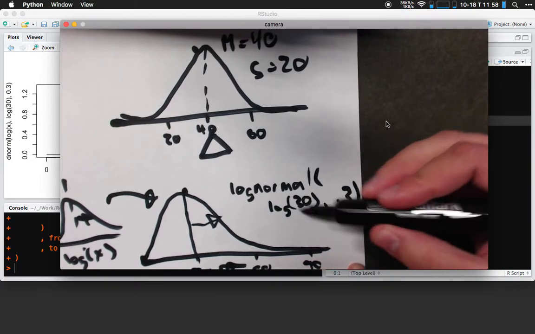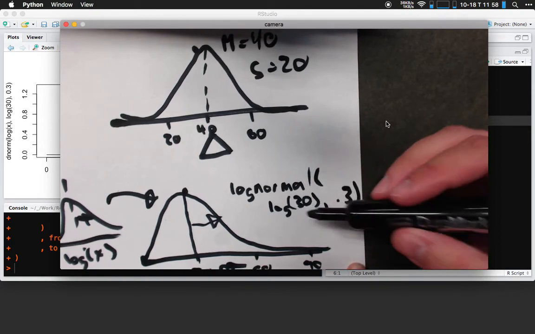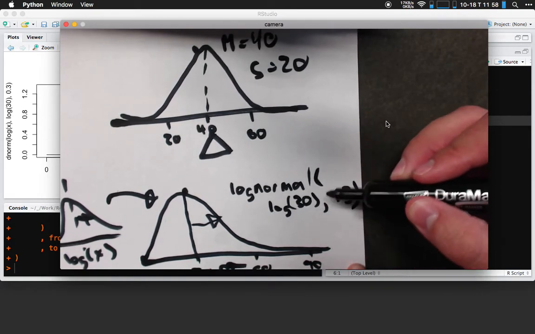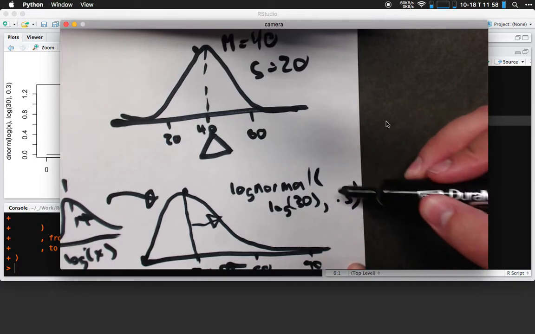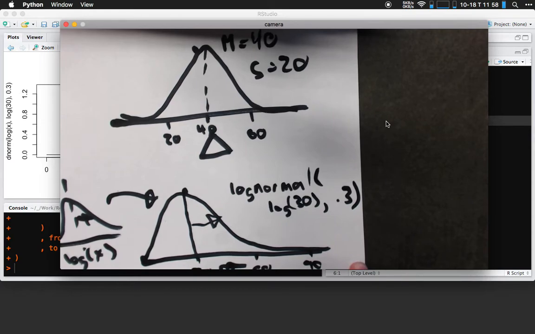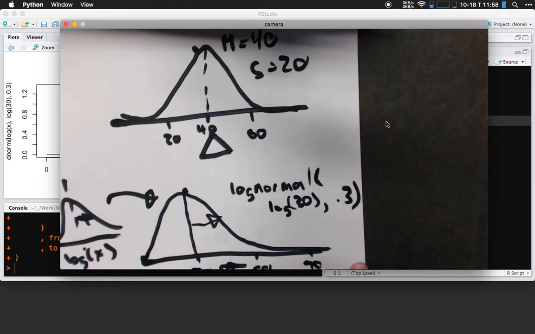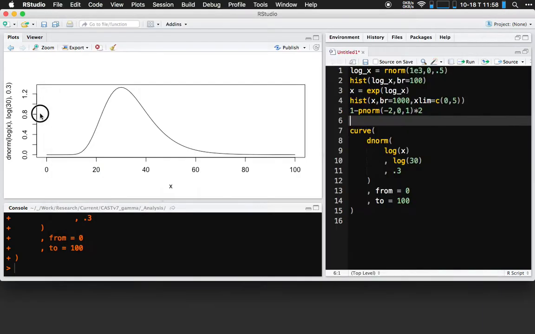So I want it to be peaked at whatever turns into 30 on the raw scale. So I say log of 30, and that yields the number on the log scale that corresponds to a peak on the raw scale of 30. We can write within the brackets of log normal log 30, and 0.3 is the value on the log scale that eventually yields this nice curve.